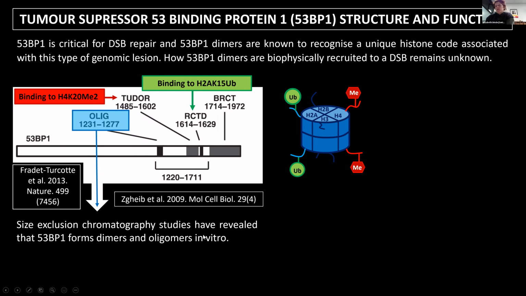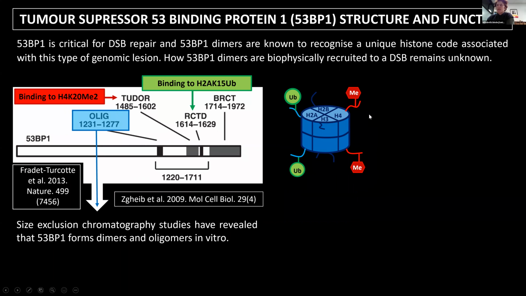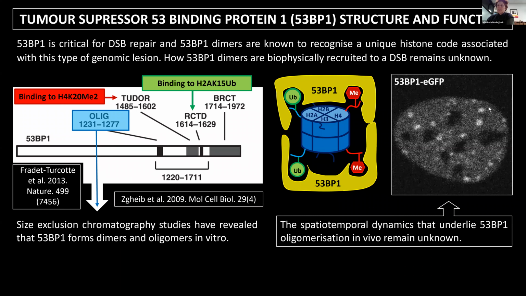Size exclusion chromatography has also shown that 53BP1 dimers are the form that actively bind the nucleosome in vitro, but it's never been shown in a living cell whether the 53BP1 monomer is recruited, recognizes these histone marks, and then a second subunit arrives and they form a dimer at that point. Or does the 53BP1 dimer pre-assemble and then arrive as a dimer and interact with these two histone marks?